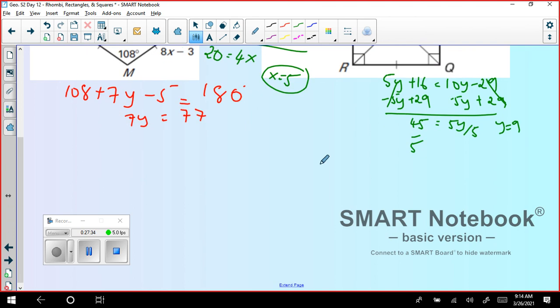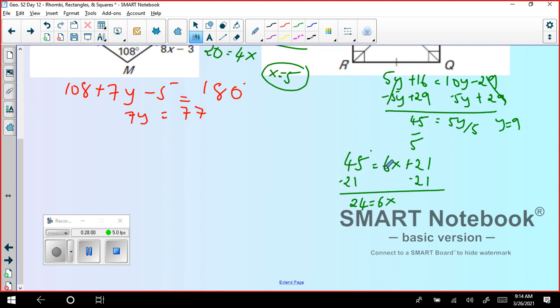So 45 degrees equals 6x plus 21. Subtracting 21 from both sides, I get 24 equals 6x. Dividing by 6 on both sides, I get x equals 4. Okay, I hope this is clear.